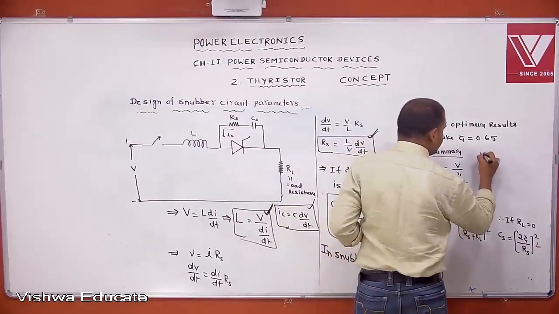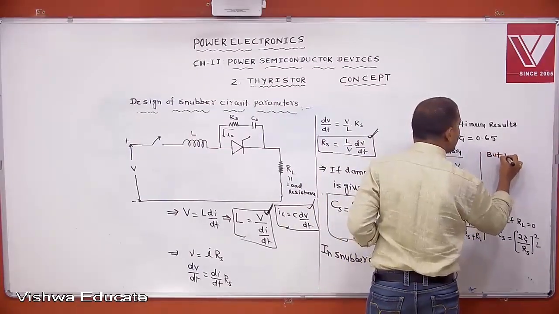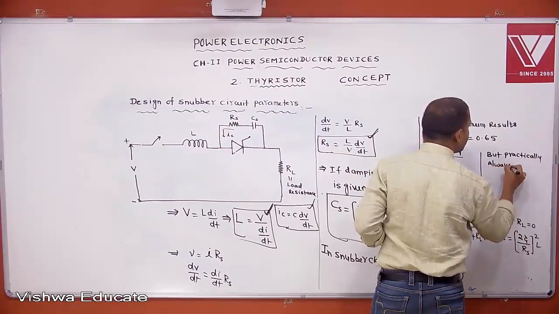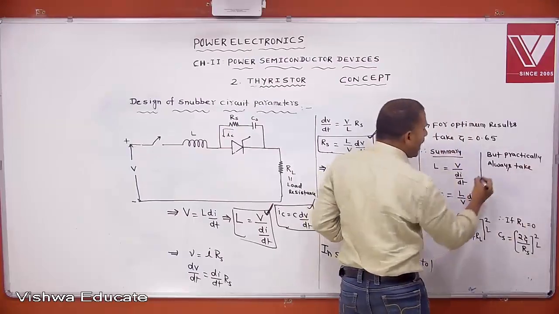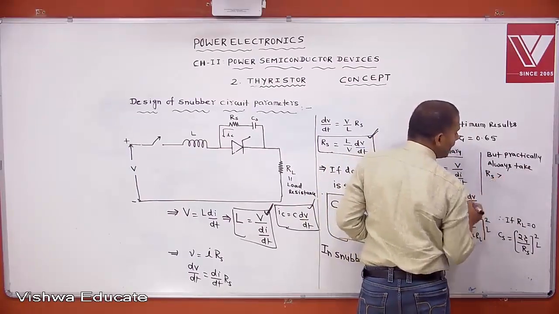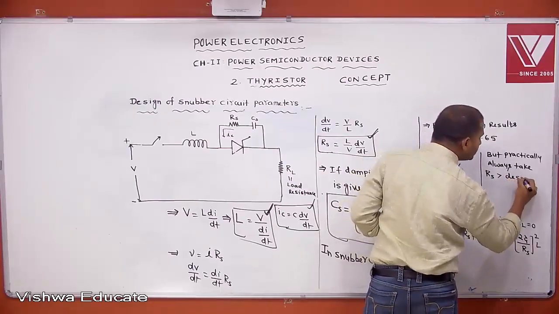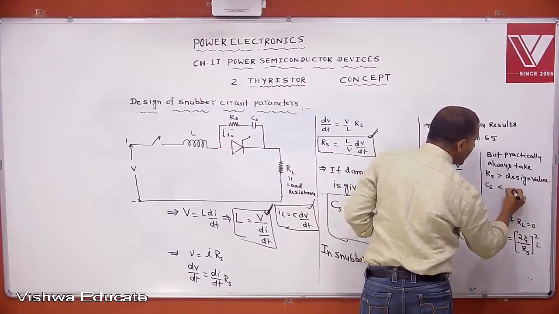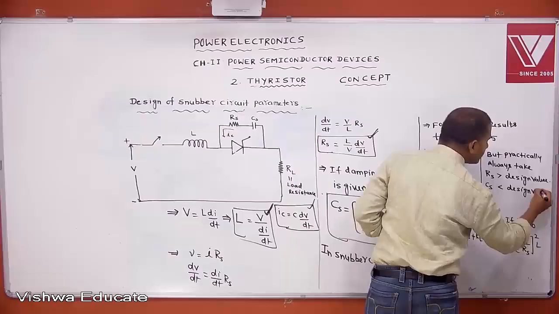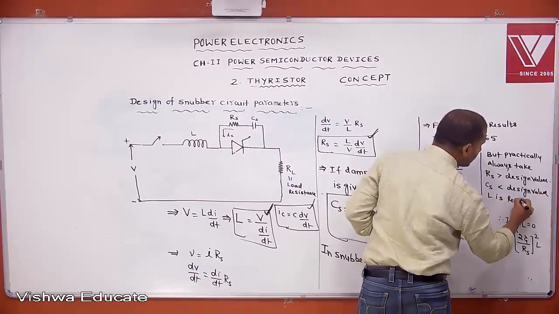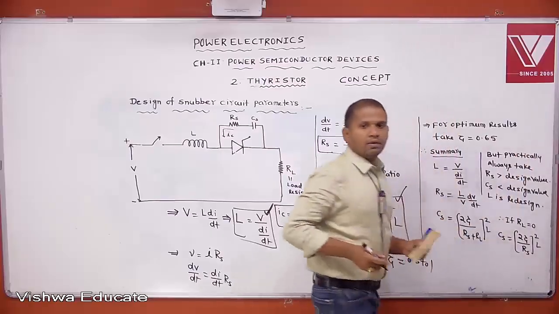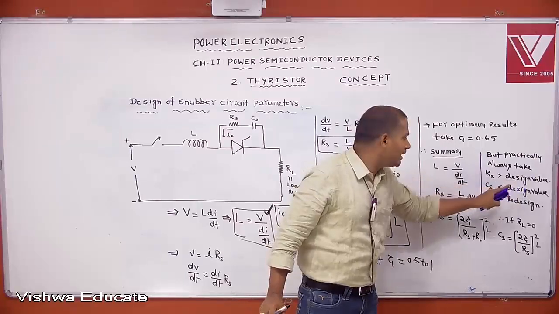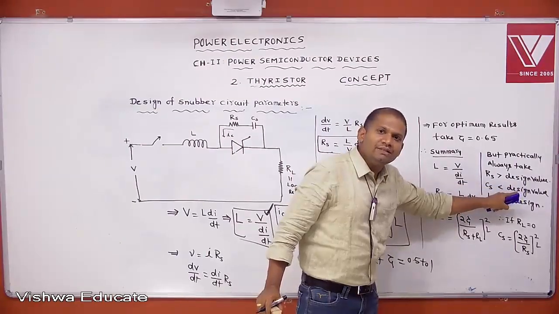Practically, always take Rs greater than the design value and Cs less than the design value. L is redesigned. During design, Rs is taken greater than the design value to effectively limit the discharging current, and Cs is taken less than the design value to limit the discharging current of the capacitor.